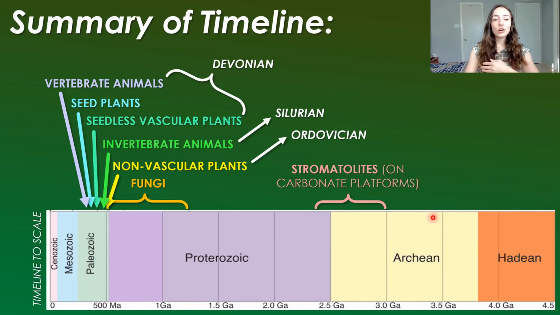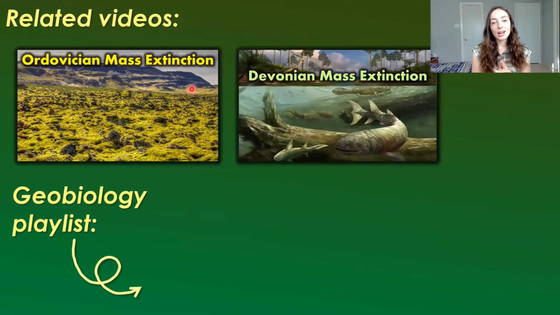So in that time range, all of these major events happened. And like I mentioned, the non-vascular plants contributed to the Ordovician extinctions, and the vascular plants contributed heavily to the Devonian extinctions. And we'll talk about those in upcoming videos, or potentially they're out on my channel by now.